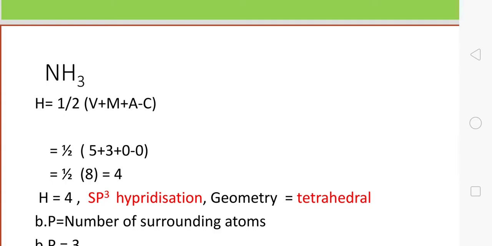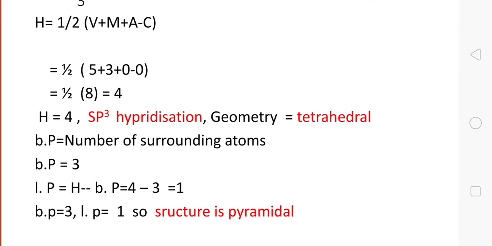How many monovalent atoms are around nitrogen? 3. Hydrogen is monovalent, so here 3 hydrogens are there. It is a neutral molecule, so A and C become 0. So half into 8 equals 4. For hybridization number 4, hybridization is sp3 and geometry will be tetrahedral.